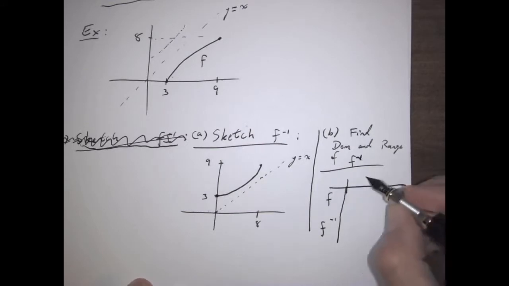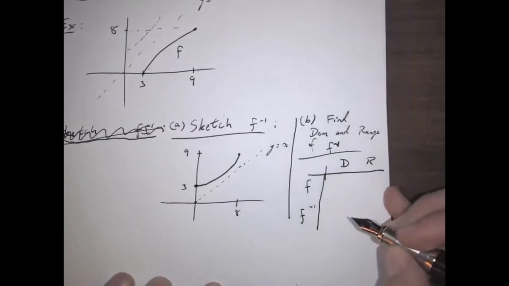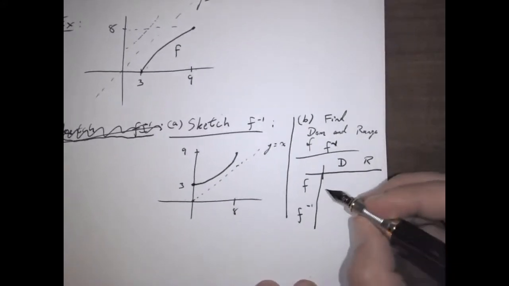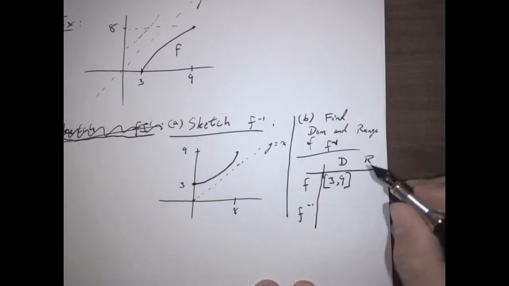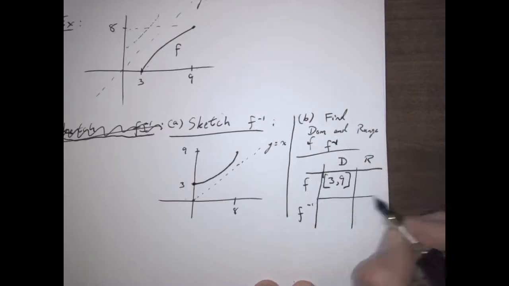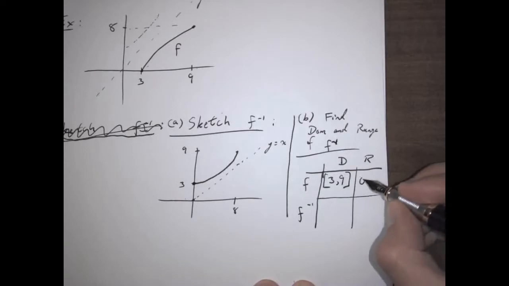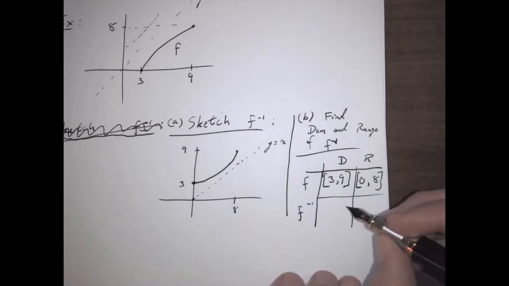And so as a result, we can just make a little grid here where the domain of the original function f goes from 3 to 9, and the range of the original function f goes from 0 to 8. Now in the inverse case, these just switch.